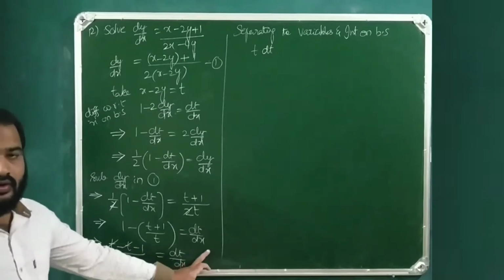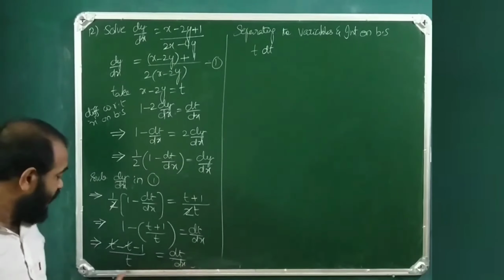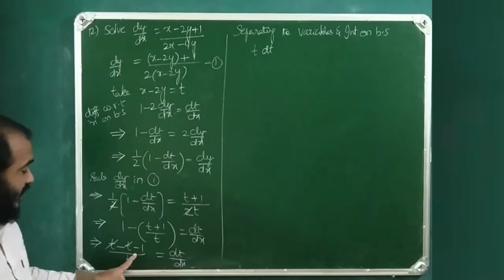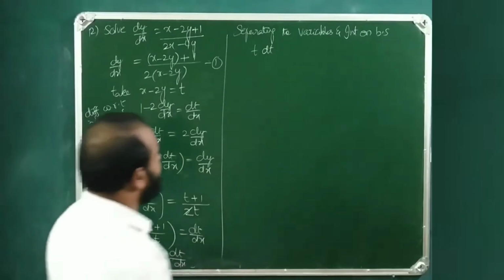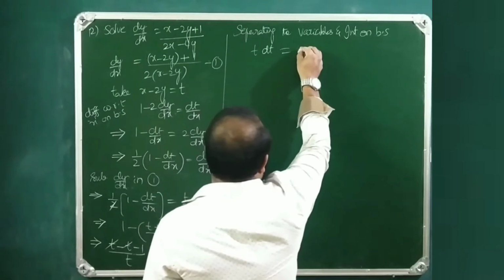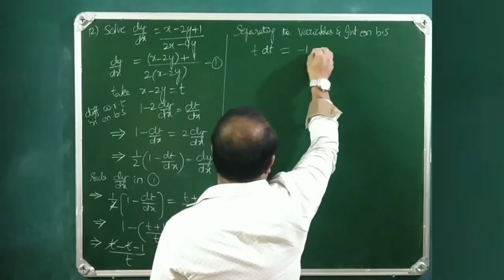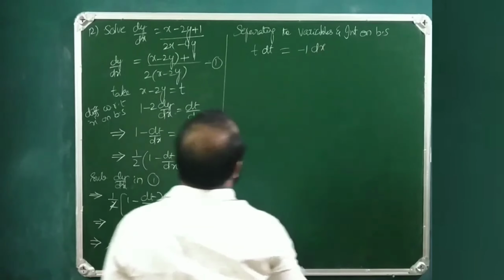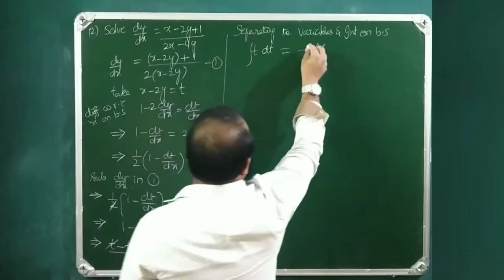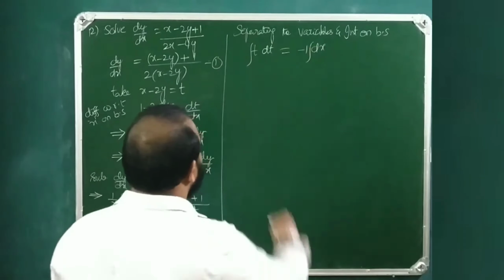Transposing 1 by t to the other side, it is t dt, and minus 1 into dx is minus dx. So t dt equals minus 1 into dx. Now integrating on both the sides, this is what we'll get.